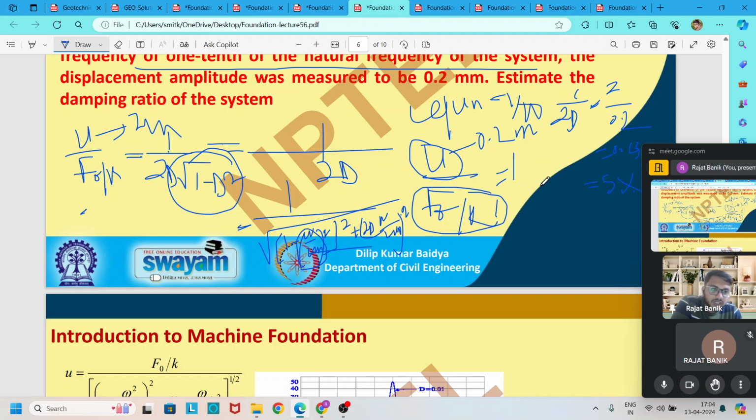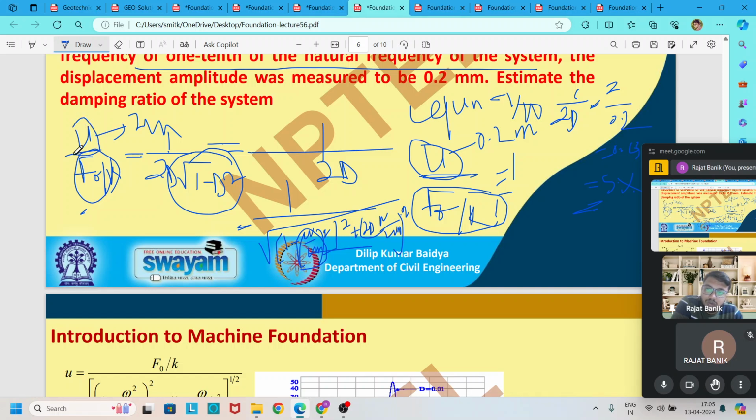Or for simplicity we use this equation. We know that when the frequency ratio is very small, u by f naught by k is tending towards 1. So for simplicity, we take this ratio equal to 1, put in the value of u, find the f naught by k value, and put it here.